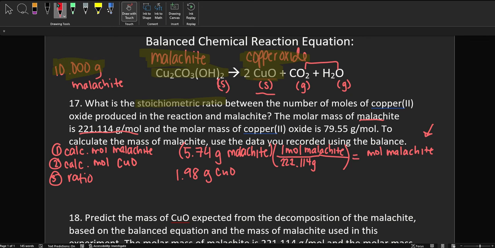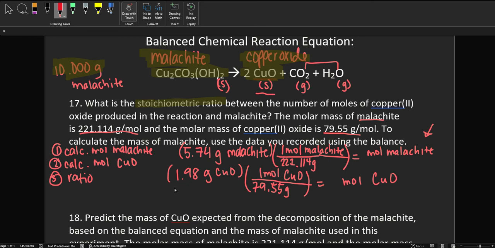Here, for hypothetical purposes, it's a little different. I only have 3. Then we set up almost the exact same way, except with the molar mass of copper oxide instead: 79.55 grams, 1 mole CuO. That gives us moles of copper oxide.